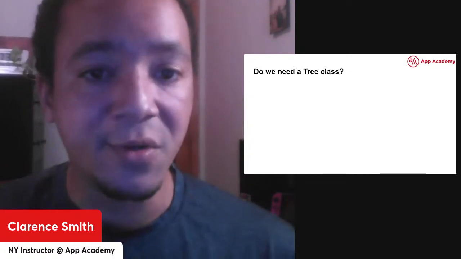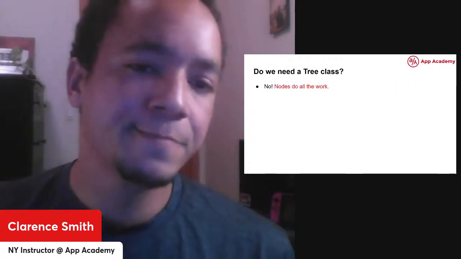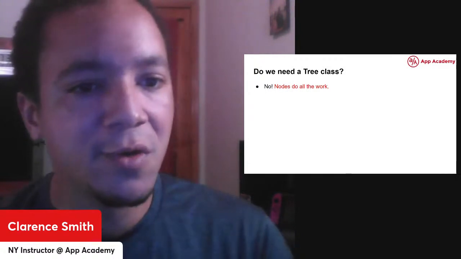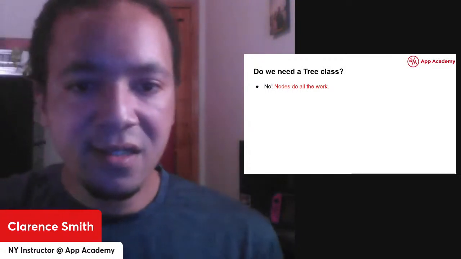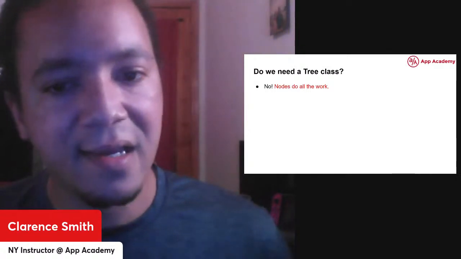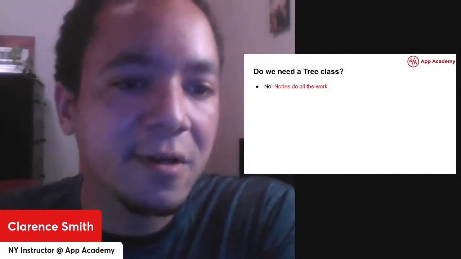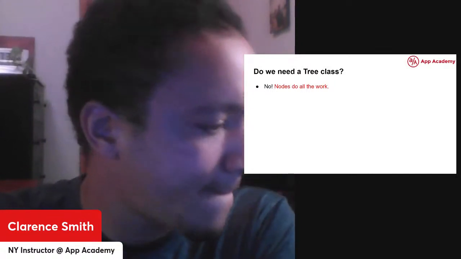Trees are a little different. They're funky. It's not like I can just line them up. They don't go in order. And the answer is no. The nodes do all the work. So each little node that has a parent and maybe a child, they're doing the work. And I'll explain why.